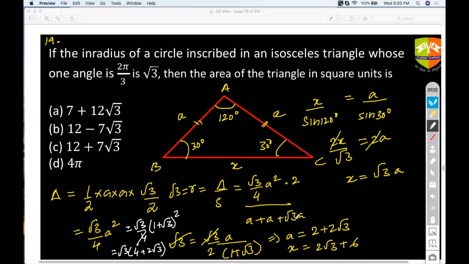So a plus root 3a by 2, delta of s is root of 3 by 2. So I'm getting the answer for this as 6 plus 4 root 3. 6 plus 4 root 3 is not in the options. Let me just quickly cross check.